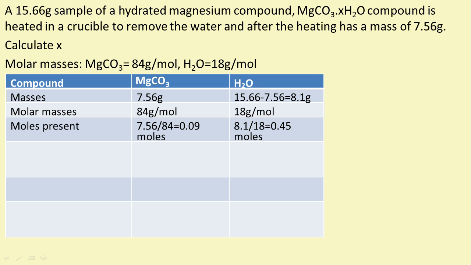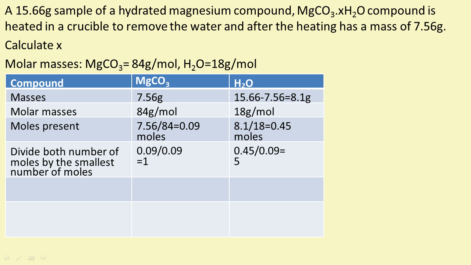So, if we convert 0.09 moles of magnesium carbonate to 1 mole of magnesium carbonate by dividing it by the number of moles present, so dividing it by 0.09, we should also do the same to water, as we have calculated it as a ratio of 0.09 moles of magnesium carbonate to 0.45 moles of water.